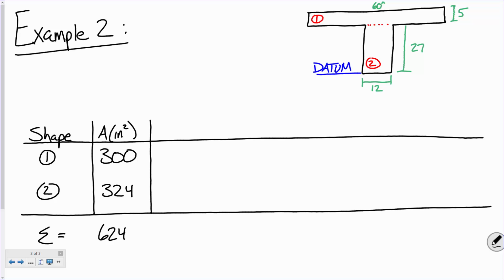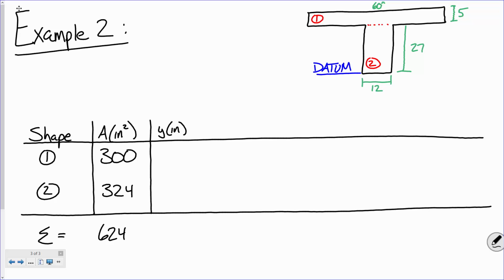Now, in order to determine a moment of inertia, we need a centroid, okay? Y'all remember centroid, sum of AY over sum of A? Remember that? So I'm going to start off by listing some centroidal distances. Remember, when you compute centroids, you have to express all your distances from a common reference plane or a common datum.